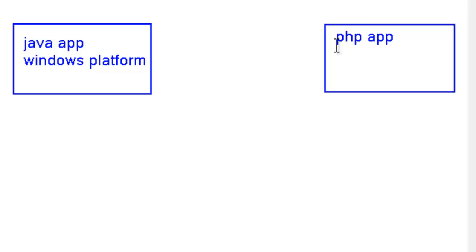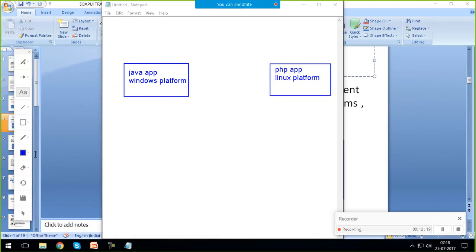PHP application means the GUI with which the user is going to interact, and maybe the platform I'm using is Linux. And surely there might be a case that they both want to communicate. What does communication mean here?